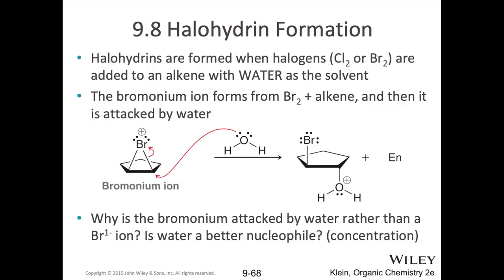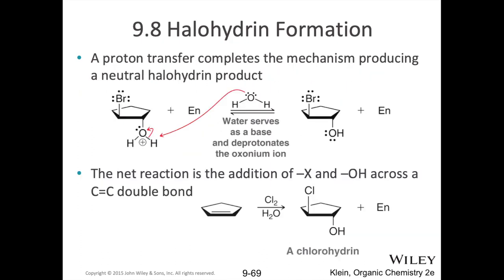Okay, so the reason that we get a lot of this product is that if we're using water as our solvent, we have a lot of that nucleophile available to attack that, not carbocation, that bromonium ion. Notice here that we're still doing an anti-addition, right?